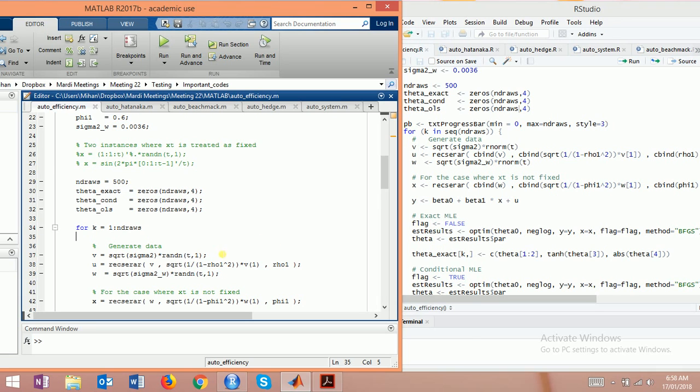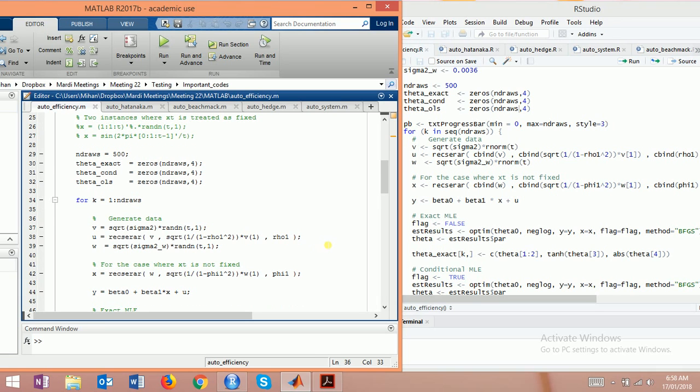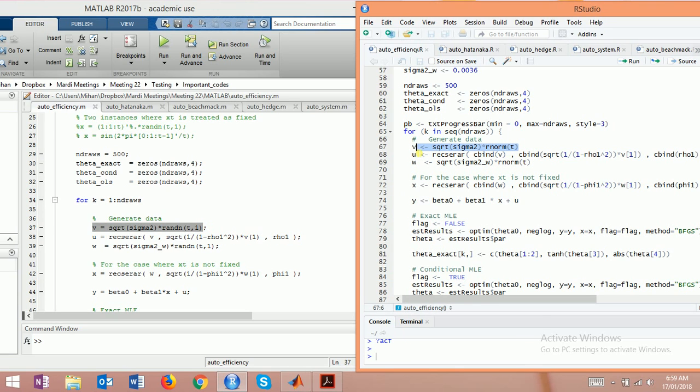1 to n draws. Generate, first we generate data v, random number square root of sigma square into random number t minus t rows 1 column. So square root of sigma square rnorm t, because this is not a uniform distribution.